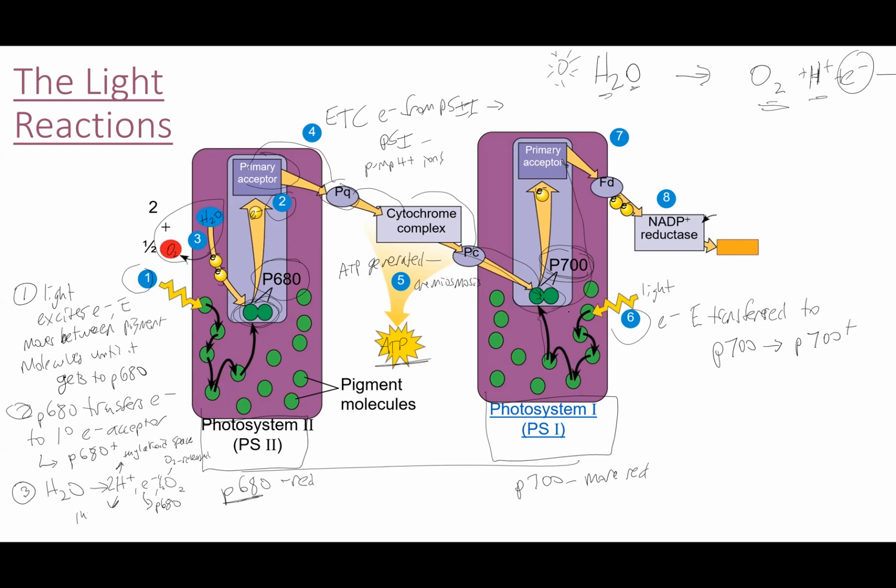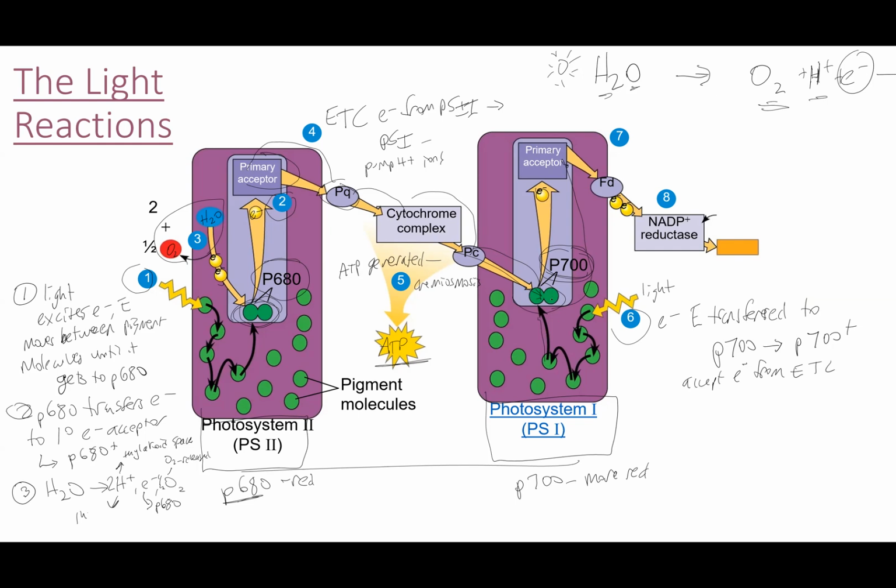So it becomes oxidized and then it becomes reduced by those electrons moving down the electron transport chain. So P700 is the electron acceptor instead of oxygen.